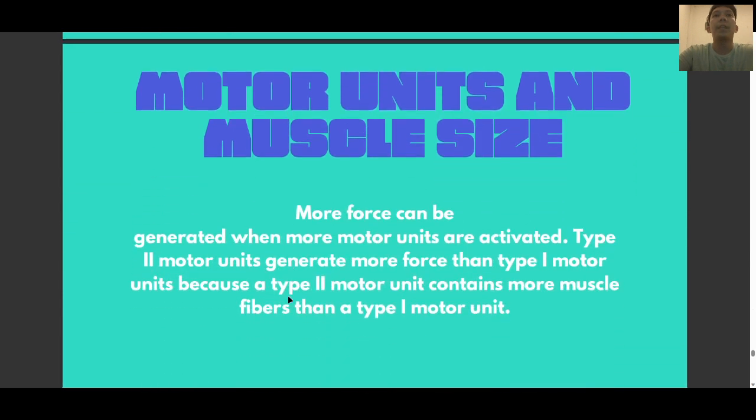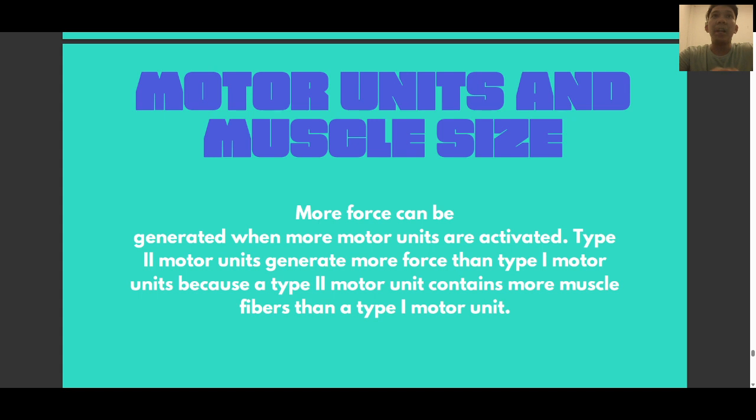Alright? So next is the motor units and the muscle size. More force can be generated when more motor units are activated. You need to remember that. Just like we said earlier, more force can be generated when more motor units are activated. Type 2 motor units generate more force than type 1 motor units because type 2 motor units contain more muscle fibers than type 1 motor units. Okay?